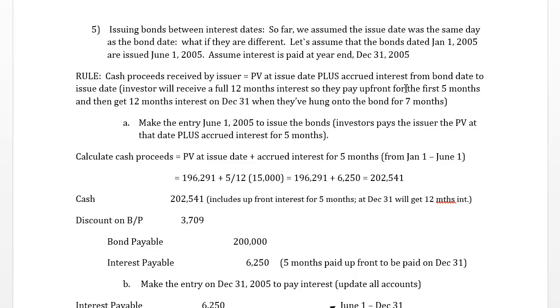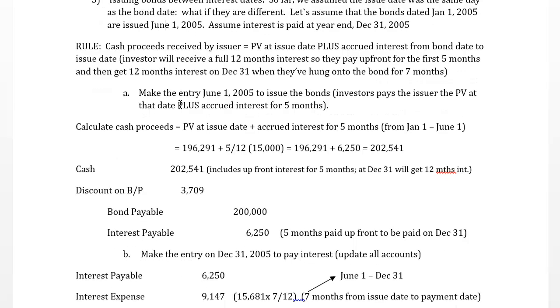So we would accrue 5 months interest from January 1st to June 1st. Have the investor pay us that up front, that 5 months, and then at the end of 7 months, they get the full 12 months, which is the 5 months they've prepaid, and the 7 months that they've earned in interest because they hung in the game. They were there from June to December.